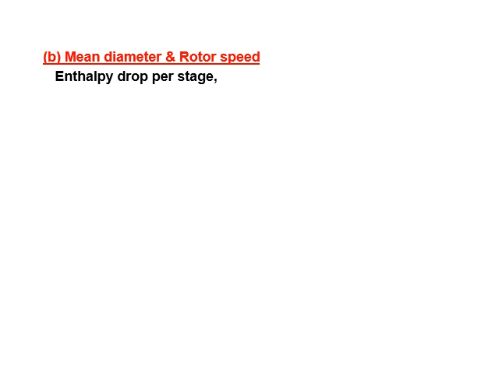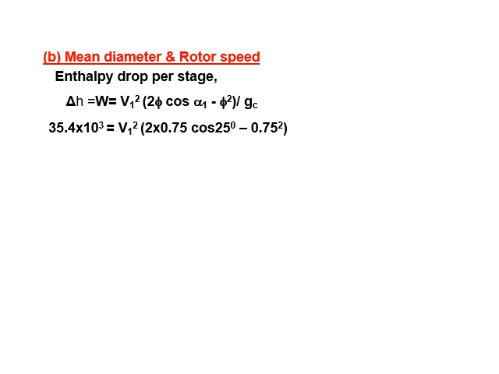So enthalpy drop per stage is also calculated by using the expression delta H is equal to W is equal to V1 square into 2 phi cos alpha 1 minus phi square by G. Here the enthalpy drop is already calculated, that is 35.4 into 10 to the power 3, equal to V1 square into 2 into phi, which is given as 0.75, and cos alpha 1 is also available, that is 25 degree, minus phi square, that is 0.75 whole square, and here G is taken as 1 for steam turbines.